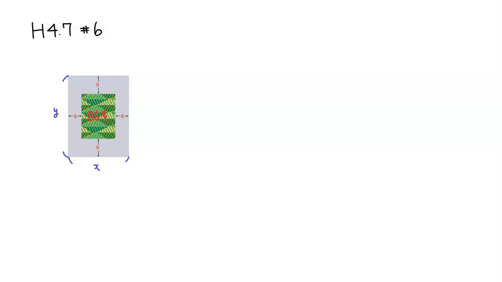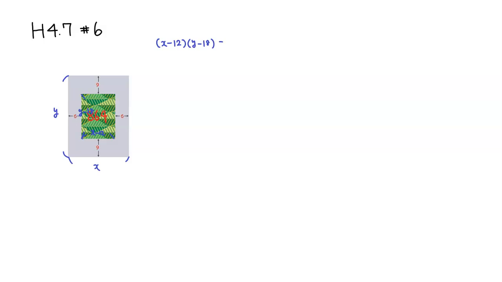Because of the constraint, the area is going to be, you have to subtract 6 and 6, so you have x minus 2 sixes, which is x minus 12, and then y minus 9 and 9, so it's 18, so y minus 18.